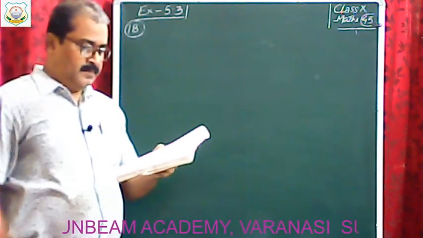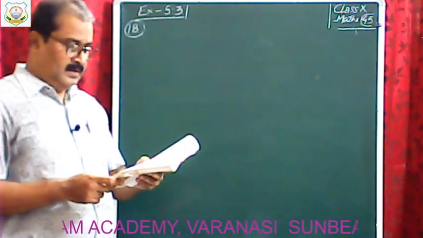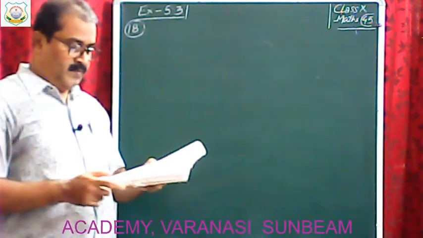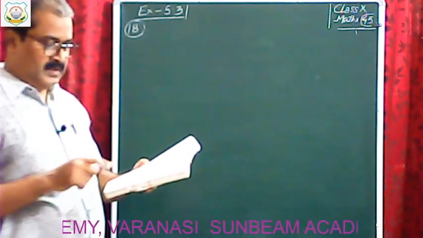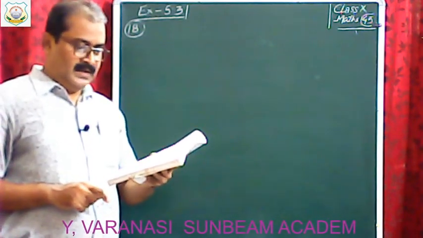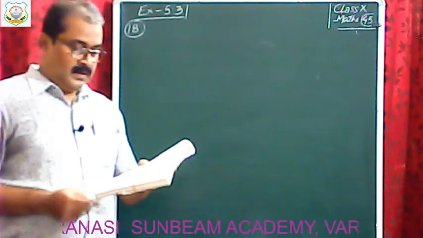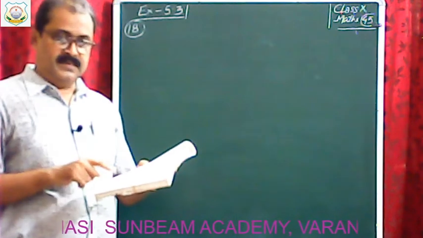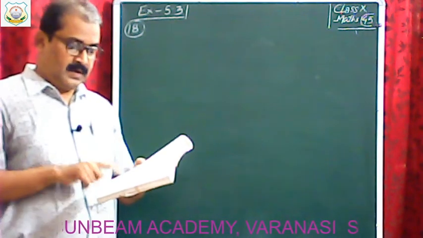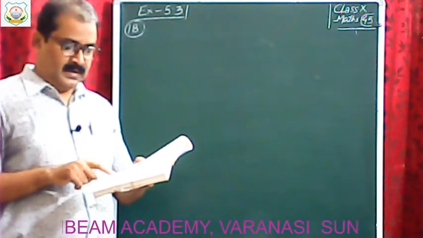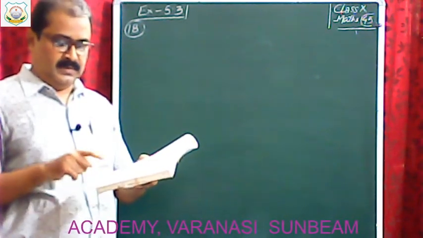A spiral is made of successive semicircles with centers alternately at A and B, starting with center A, of radii 0.5 cm, 1 cm, 1.5 cm, 2 cm, and so on.